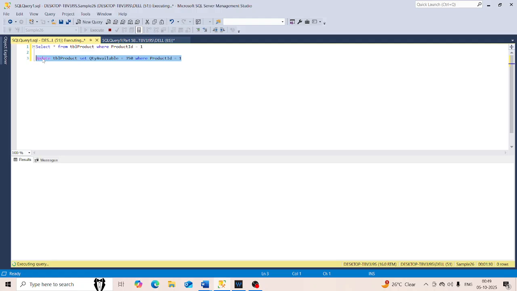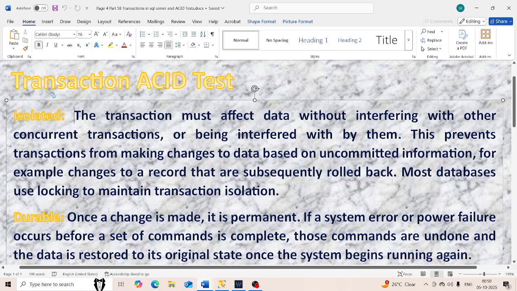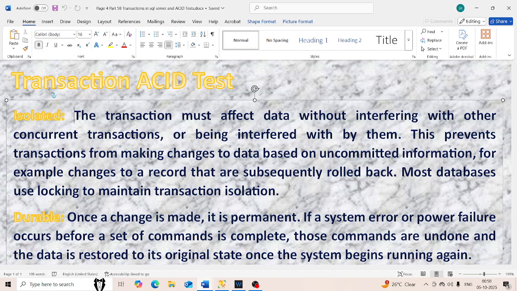So the transaction must be isolated. How does the transaction achieve this isolation? Basically using a locking mechanism. We will talk about transaction isolation levels in the next session.